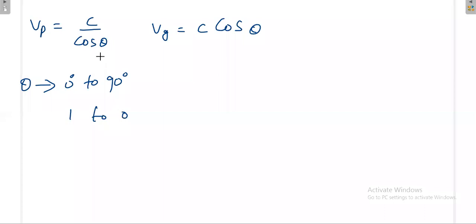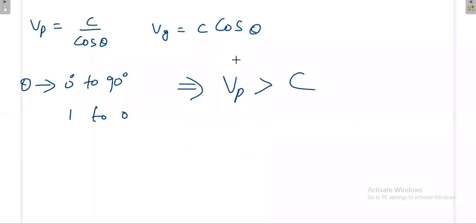Then you try to apply different theta. Then you know what Vp is. If the value is between 1 to 0, and you are having a smaller value in the denominator, what I am telling is cos theta value is between 0 to 1 only. In the denominator, if you are having a smaller value, definitely the phase velocity has a chance to be greater than the velocity of light in free space.